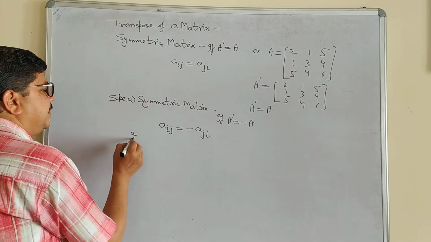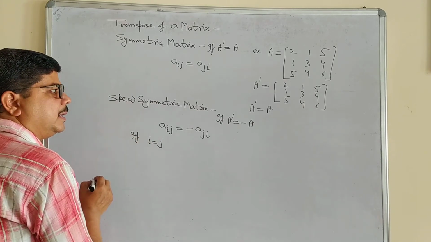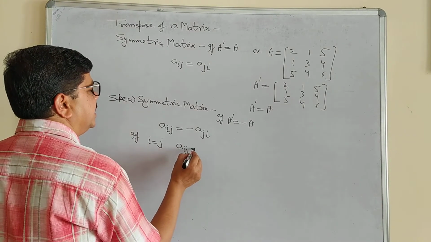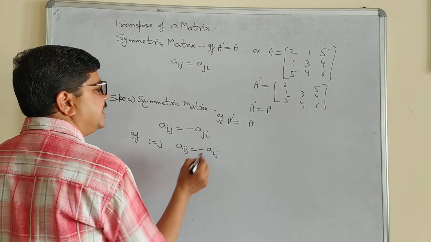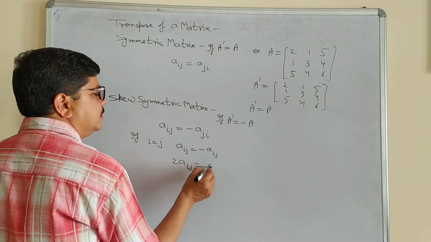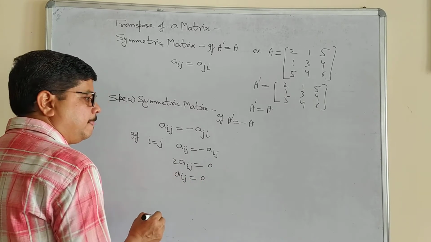Now, if i equal to j, in that case, Aij equal to minus Aij, twice of Aij equal to 0, Aij equal to 0.